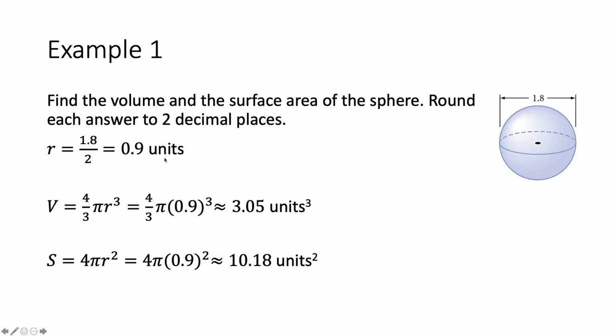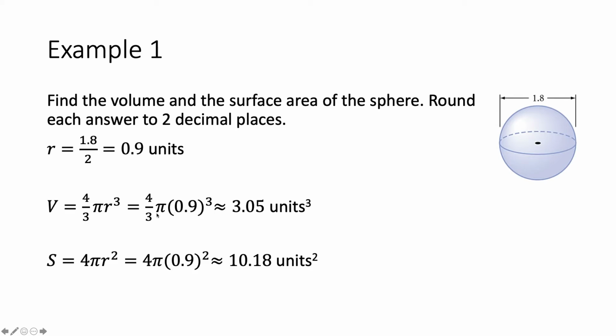So 0.9 units is the radius. Now, to get the volume, we just plug in that radius. So here is the volume formula for a sphere. Here's where I plug in 0.9 to that radius.